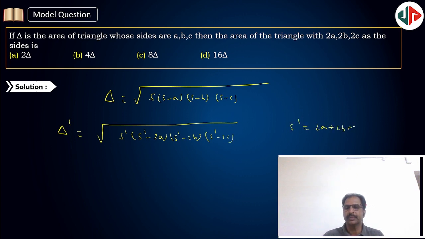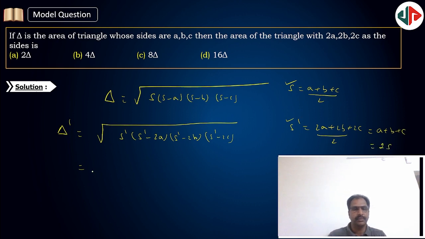It is (2a plus 2b plus 2c) by 2, which means a plus b plus c. But what is s? s is (a plus b plus c) by 2. So s dash is a plus b plus c, which is nothing but 2s. So in place of s dash, I can write 2s.